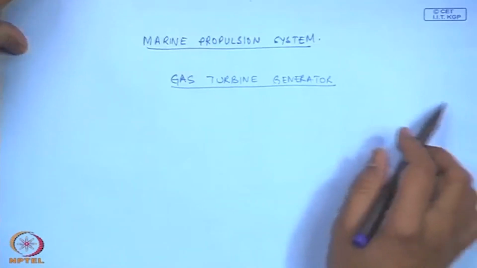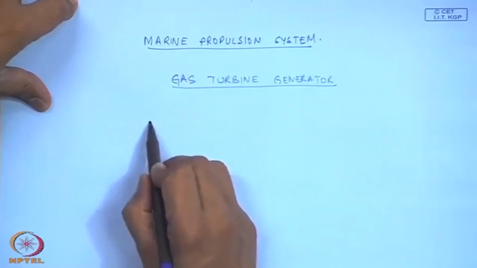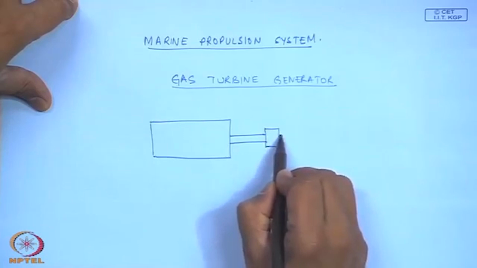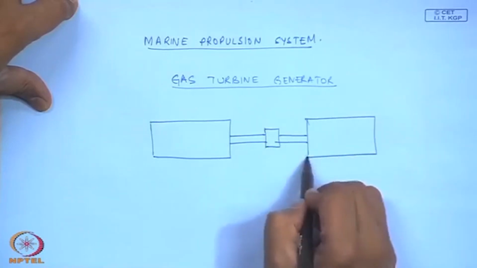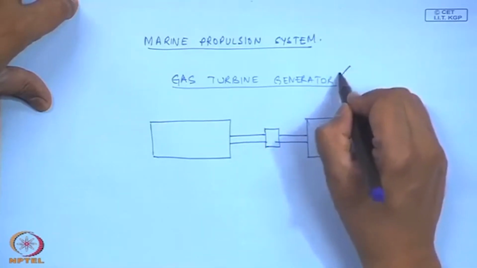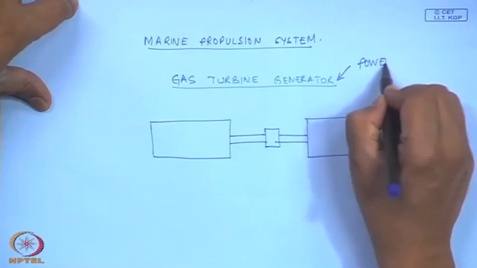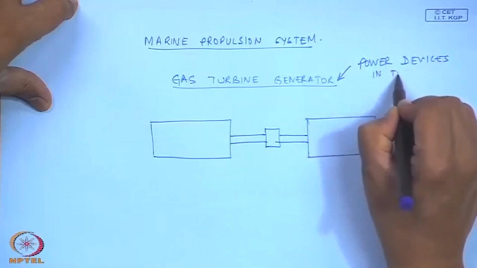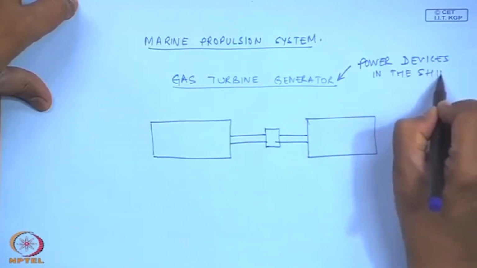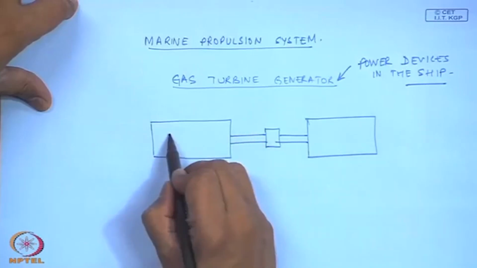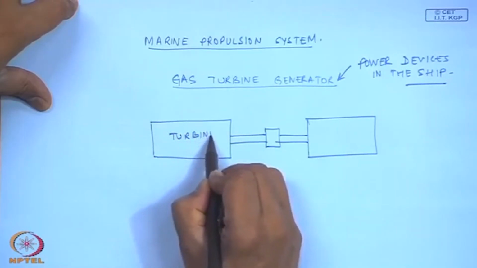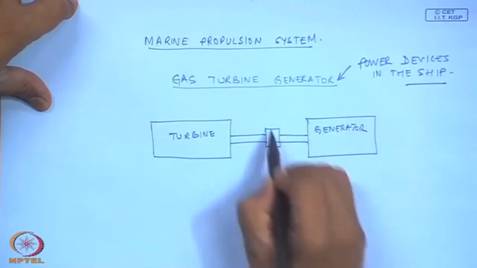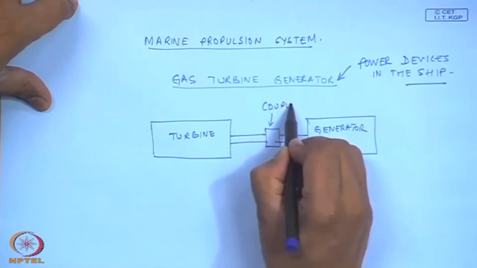So, the turbine, which is the gas turbine, is driving a generator, and this generator is actually used to power devices in the ship. And this is the generator, and this is the coupling.